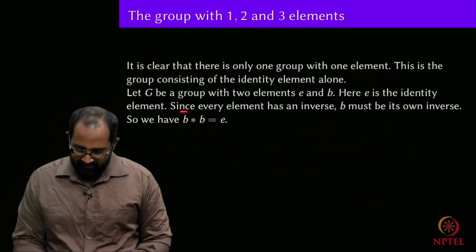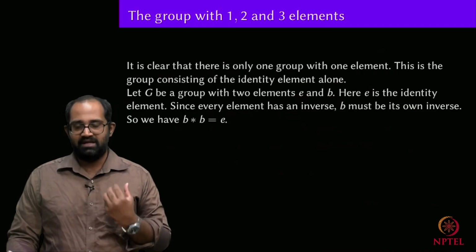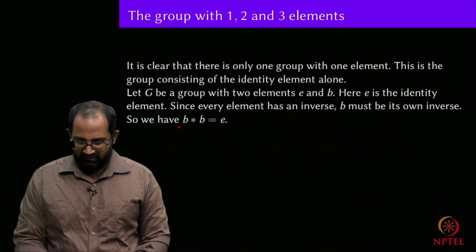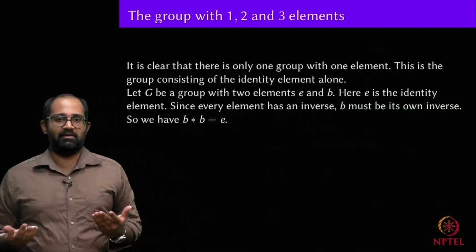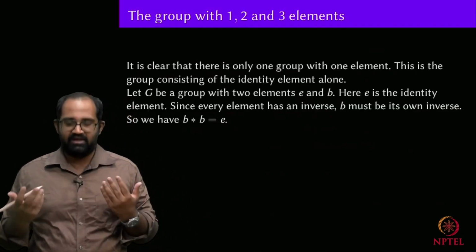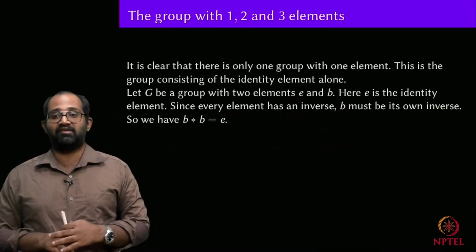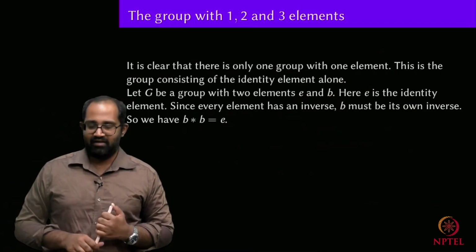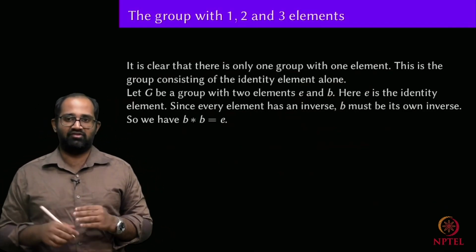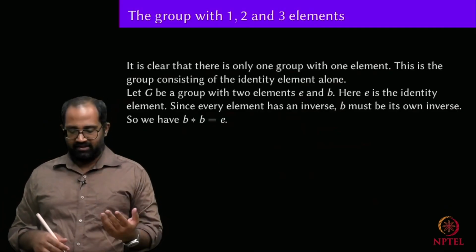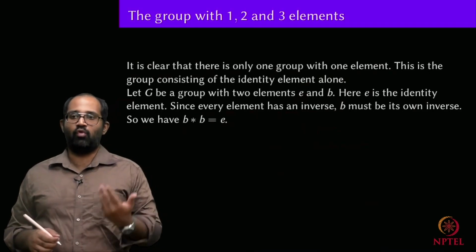Since every element has an inverse, the only possible way by which B can have an inverse is if B star B equals E. That fully determines the multiplication table, because anyway B star E and E star B are both B itself, and B star B must be E. So, again when you have two elements and this two element set happens to be a group, one of them must be E, the other element must satisfy that it is its own inverse.